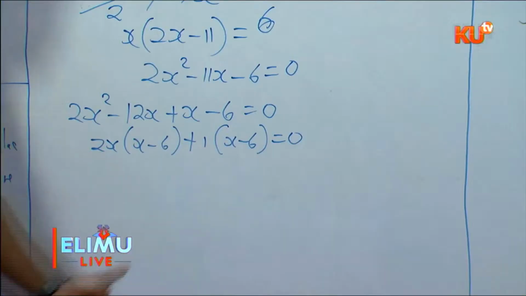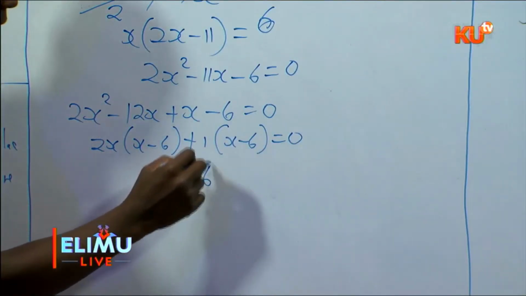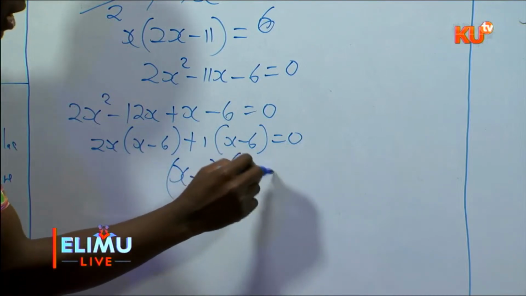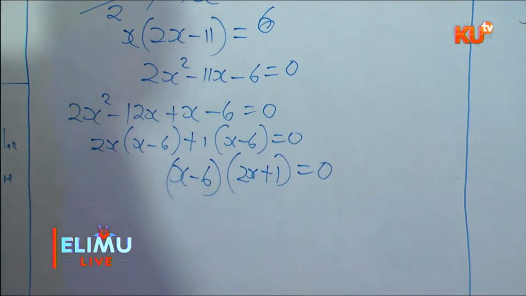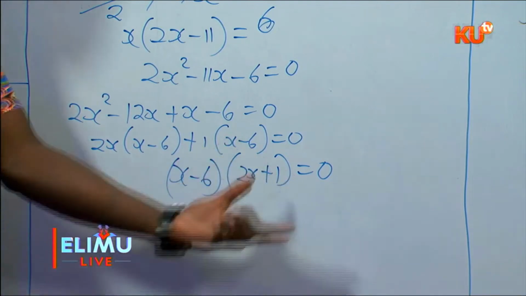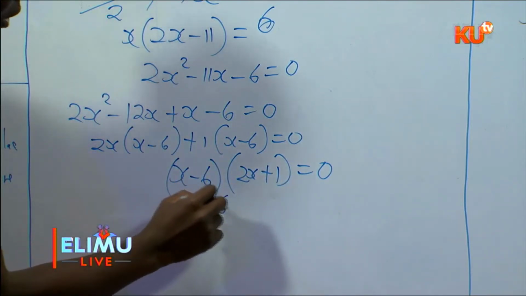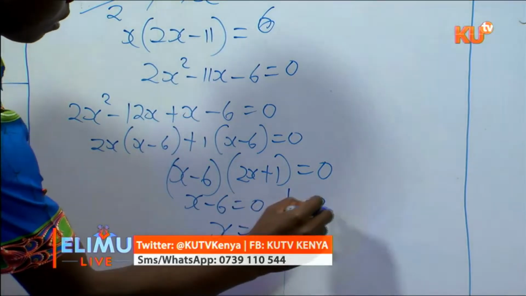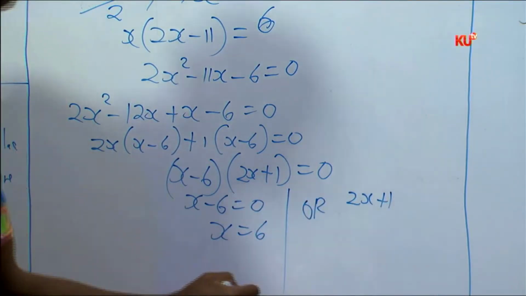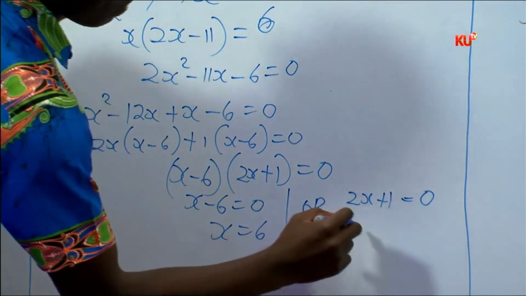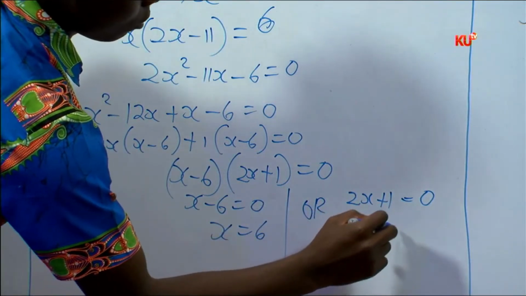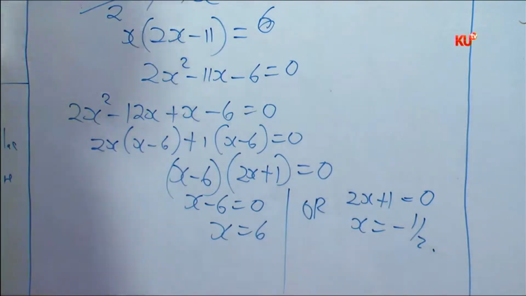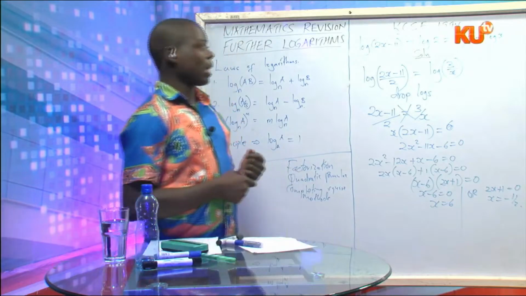So we have (x less 6)(2x add 1) equal to 0, and work out separately. x less 6 is equal to 0, implying that x is 6, or 2x add 1 is equal to 0, so x is equal to negative half. So those are the two values for x in our case.